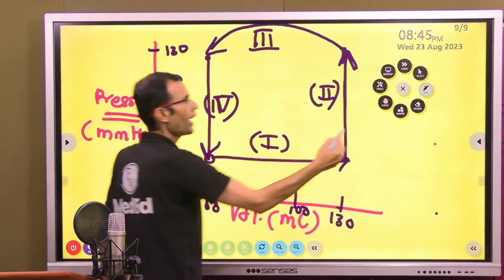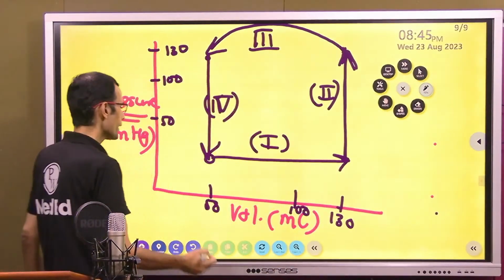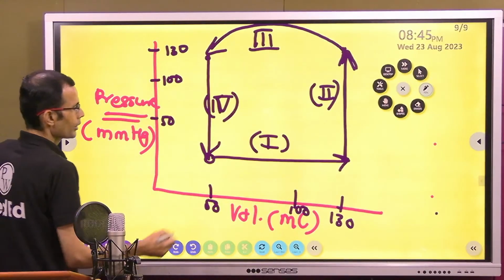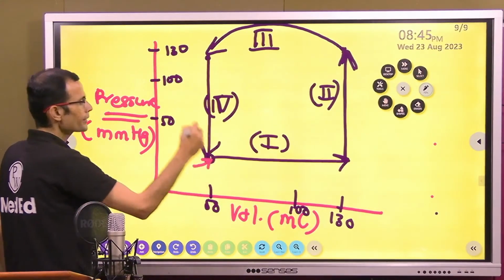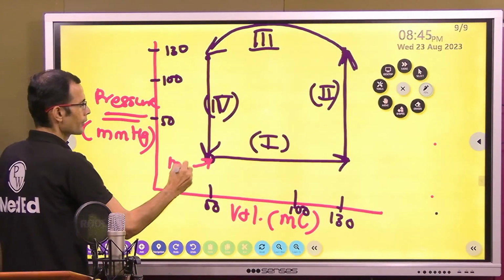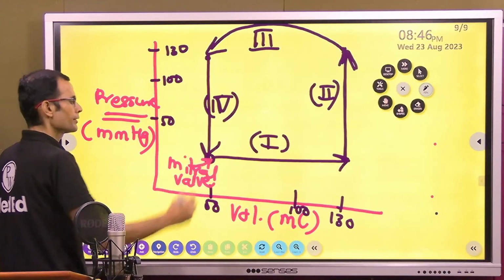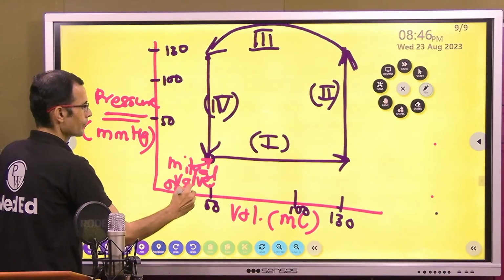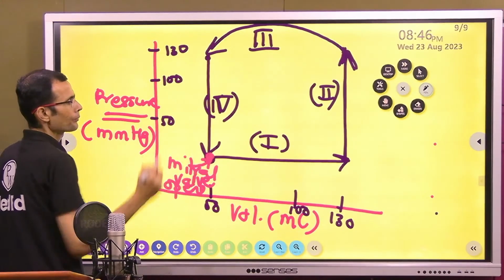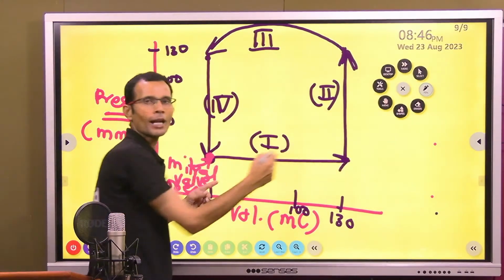If we have to show how the valves open at various stages, this is the stage where the mitral valve opens. Point A. Because the mitral valve opens, the left ventricular filling will happen.